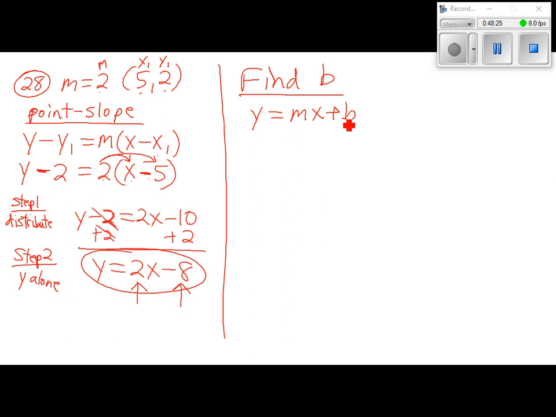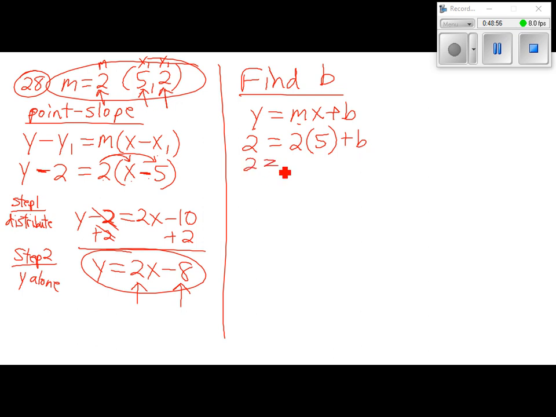Well, we just use this information that they give us, and we stick in for x, we stick in for y, and we stick in for m. So y, if we look right here, is 2, so we just take that and stick that in there. M is right here, so we stick 2 in its place. And x is right here, that's 5, we stick it in place of x. And all that leaves us with that we don't know is b.